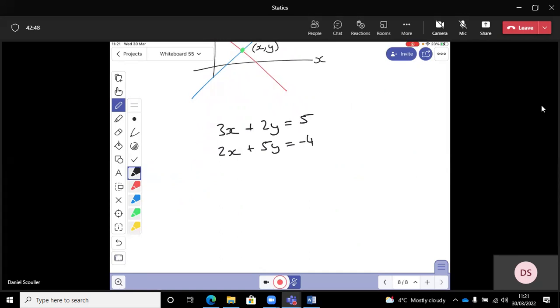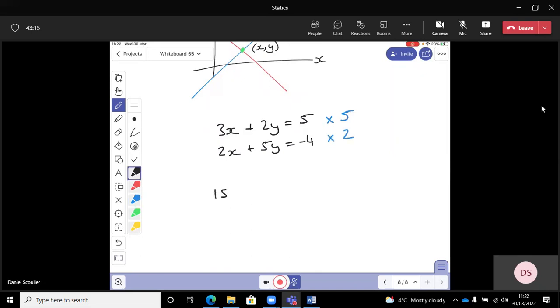Okay, we're going to do simultaneous equations, which a lot of you picked up on, and we're going to do it by elimination. So we're wanting to try and eliminate either the x or y term. To do that, we need to multiply the top line by 5, the bottom line by 2.